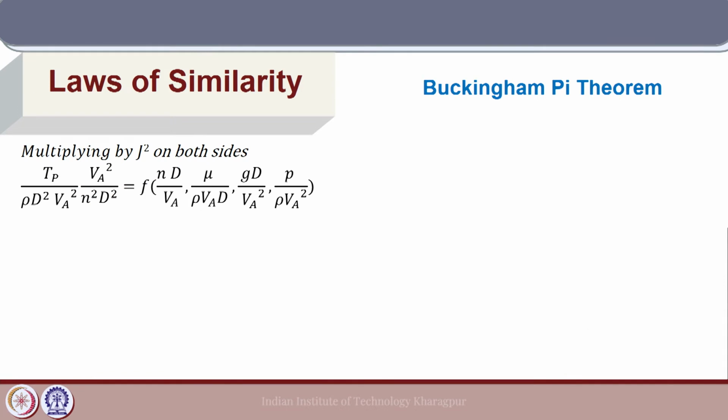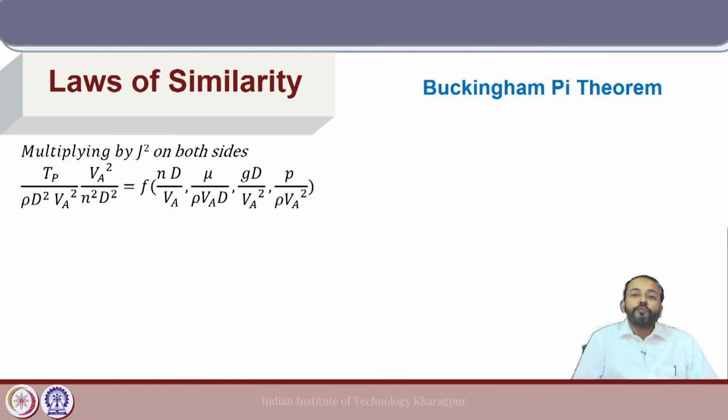Now, as the terms on both the left hand side and right hand side of this equation are non-dimensional, we multiply both sides by J square, where J is the advance coefficient Va by nd. Why are we doing this?